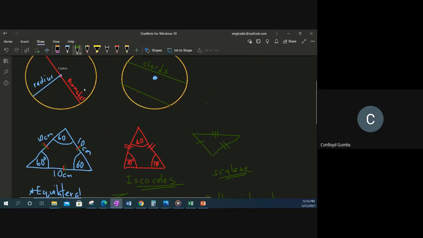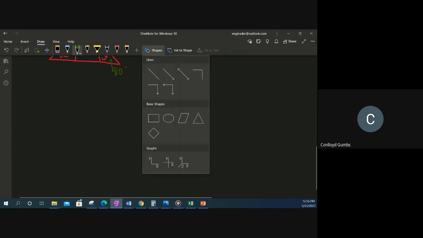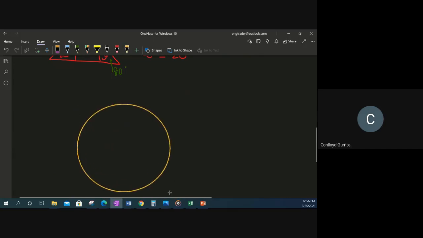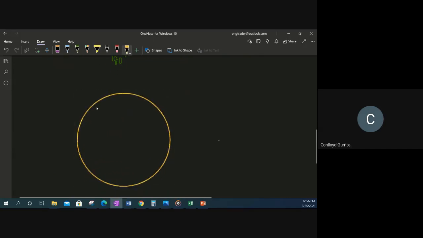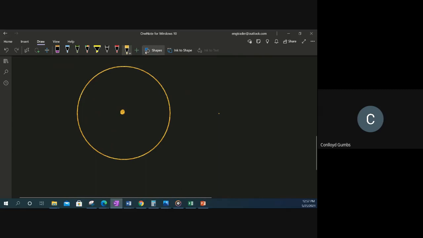Now, this brings an important situation. So how does this link to circle theorem? Now, if we have a circle, and right here, let's say this is the center of the circle. And now I have a line passing from here to one end. And then I have a next one passing from the center again to another end.